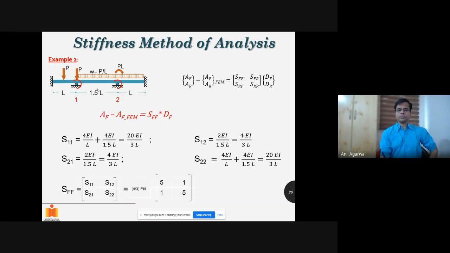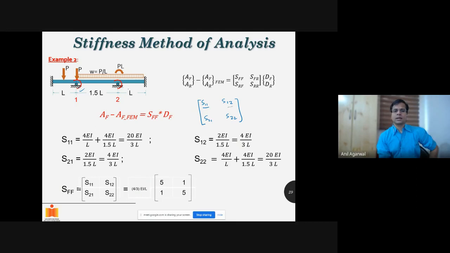SFF is basically the stiffness matrix corresponding to 1 and 2 degrees of freedom only. SFF will have 4 terms: S11, S12, S21, S22. What does S11 mean? S11 means if I rotate this joint by a unit rotation, how much moment I have to apply at this same location.